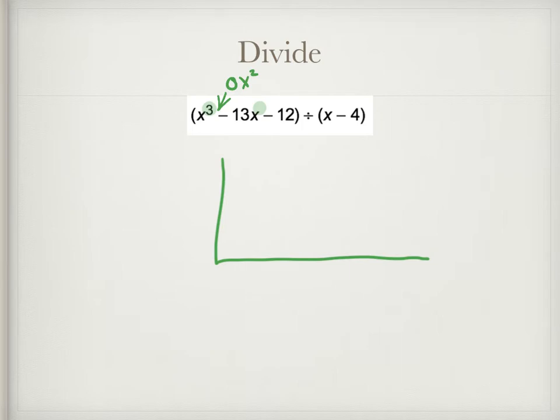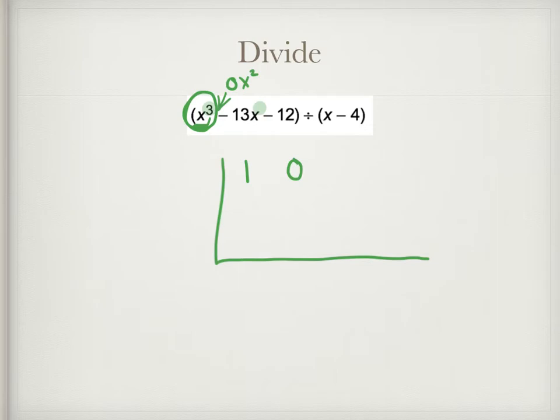Now we can put our coefficients inside the box. What's our coefficient of x cubed? If there's no number in front of it, what do we put? What's our coefficient? The number in front. 1, thank you. Next, we have our x squared, so we said that is a 0.